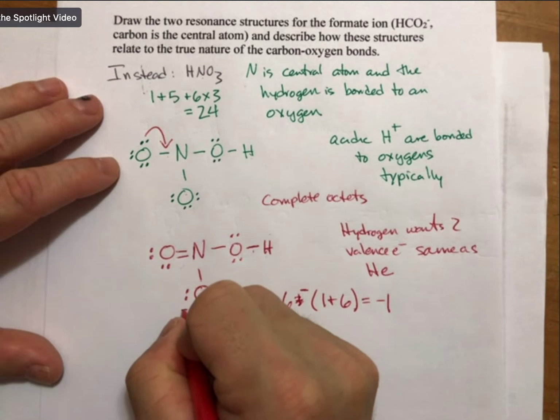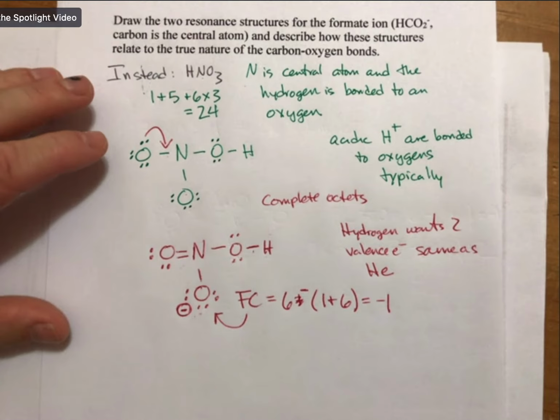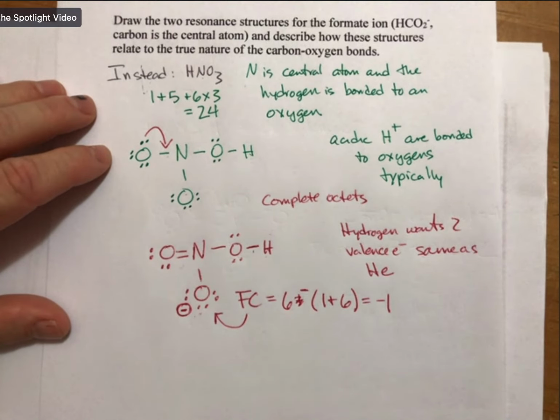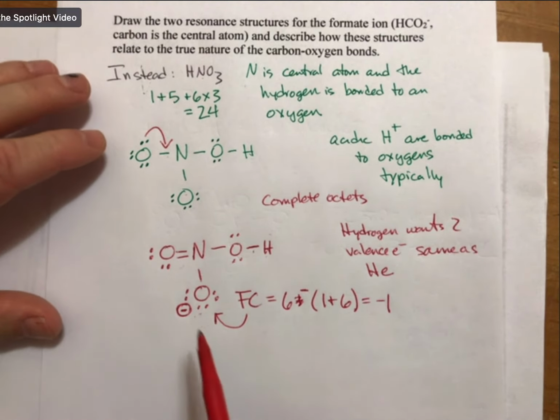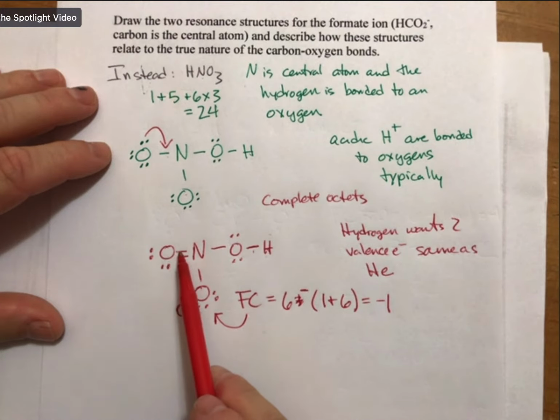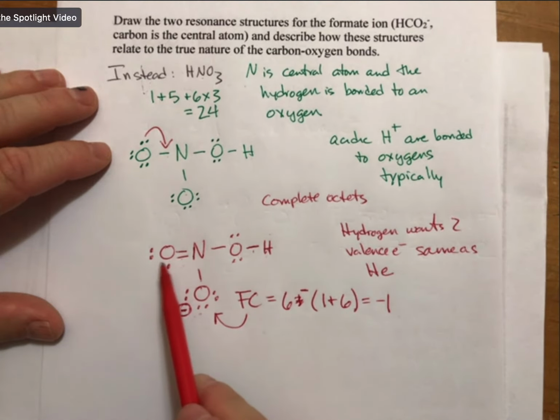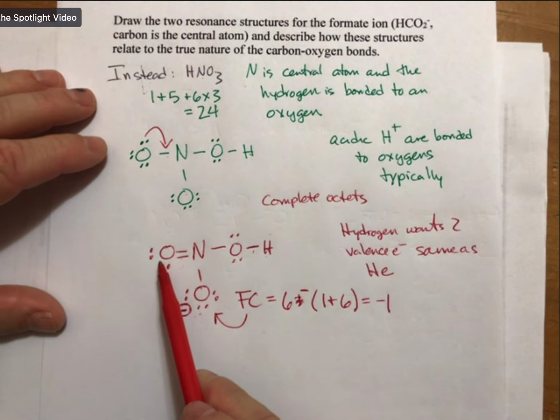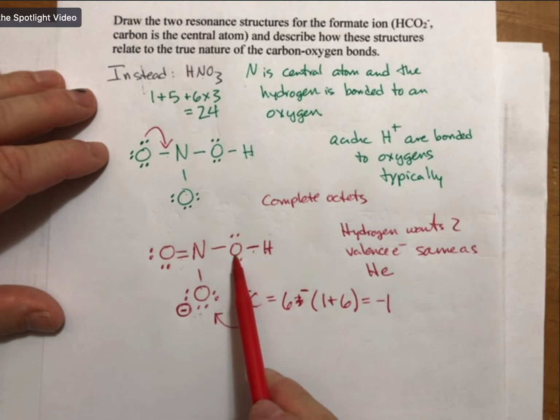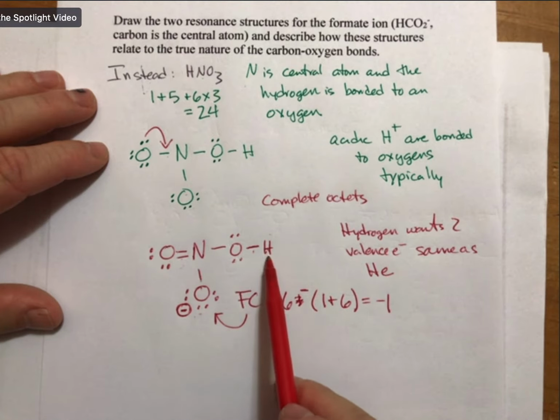We've seen that before. We're not surprised. We put it right there. The other 2 oxygens have 2 bonds and 4 unshared electrons. Each has a formal charge of 0. If you do a formal charge analysis on hydrogen, you would see that it has a formal charge of 0.